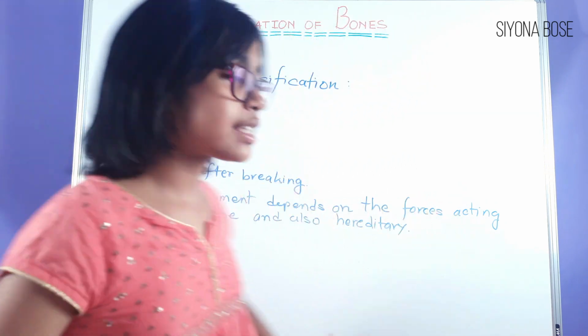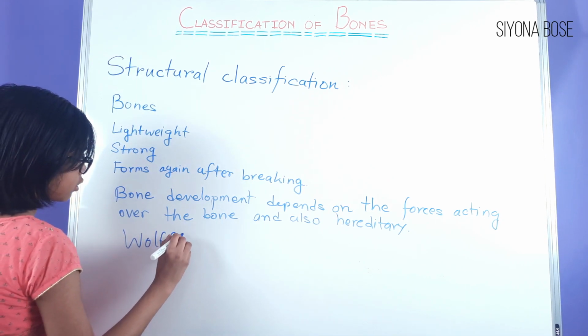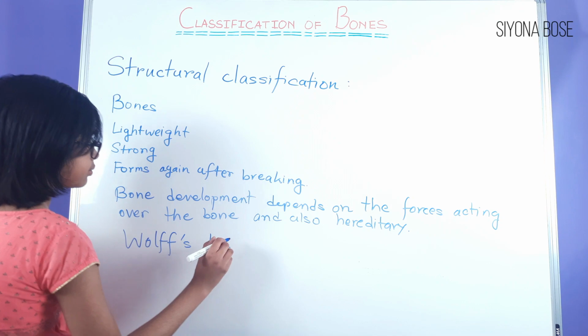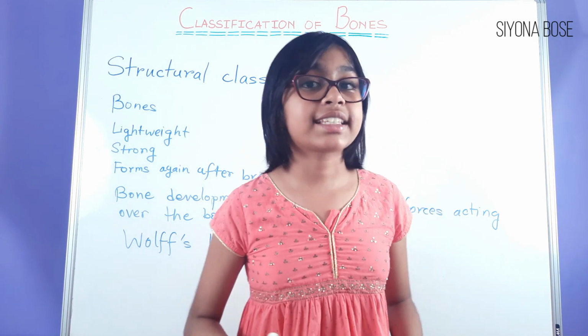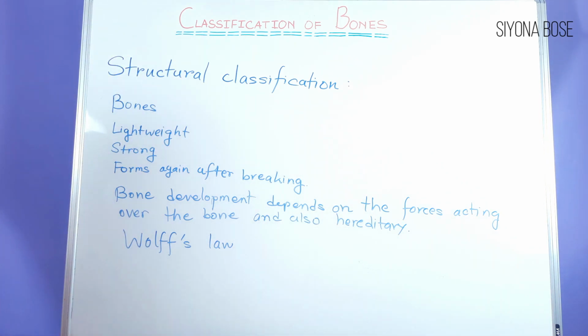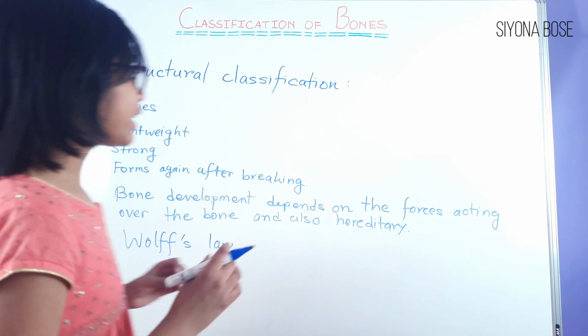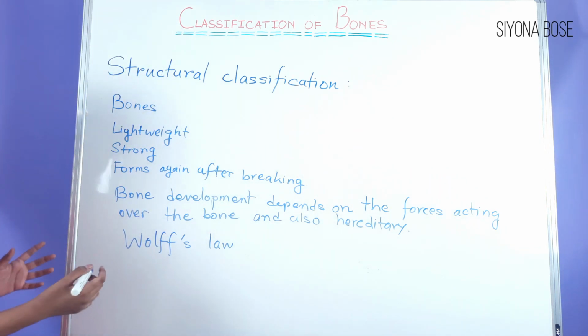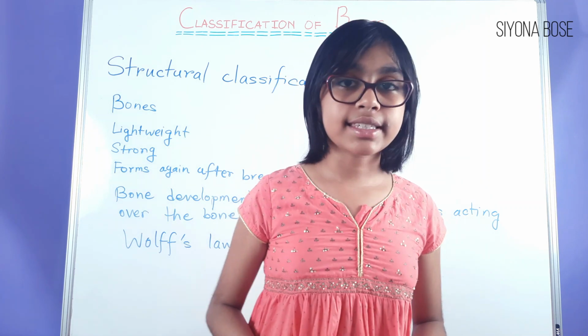Now, Wolff's law. The trajectory theory of Wolff, 1892. Wolff's law suggests that the rate of growth of the bone, the bone development, is directly proportional to the forces acting on the bone.